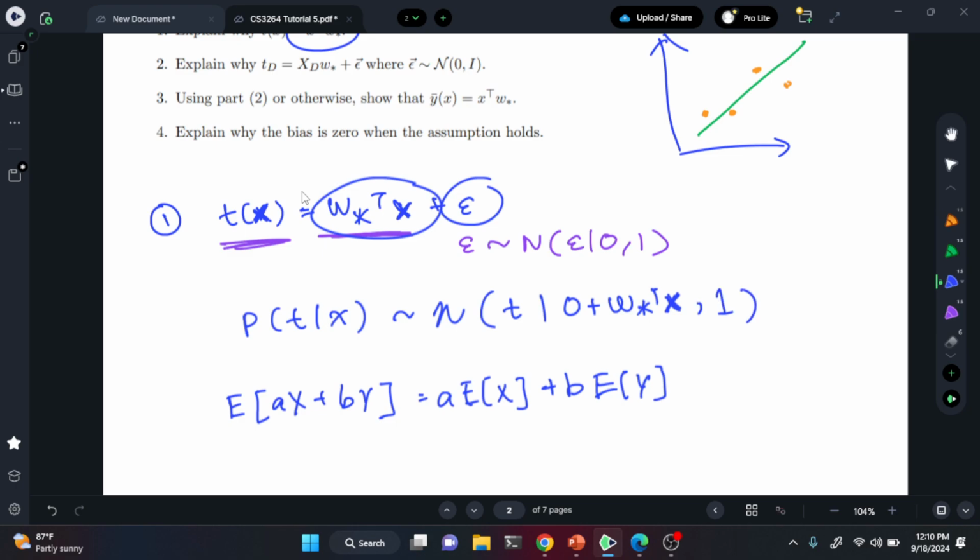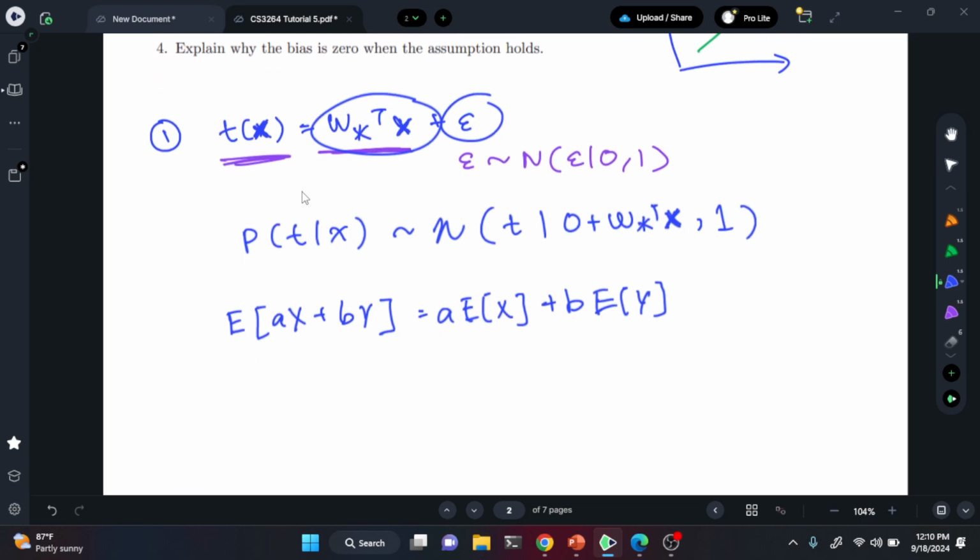Okay, this is the first part. Any questions? Thus, when this happens, if I want to get the average T here, then I will just get the expectation of this part. Say given P of T, a normal distribution with mean 0 plus W transpose X and variance 1.